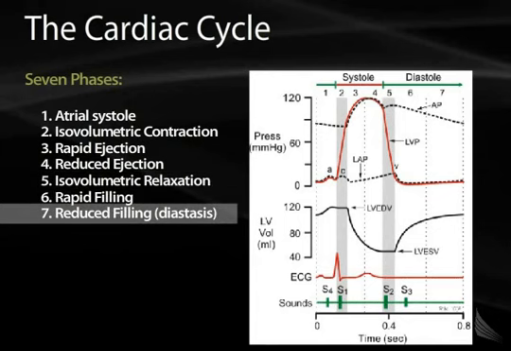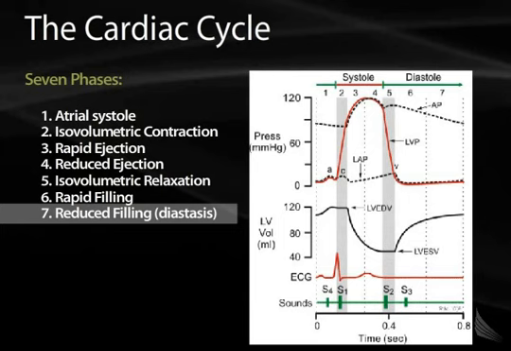This diagram shows systole and diastole on the top with left ventricular pressures. The left atrial pressure on the bottom, left ventricular pressure in red, and aortic pressure at the top in dotted black. The left ventricular volume can be seen just below that. As you can see, during systole, the left ventricular volume decreases.